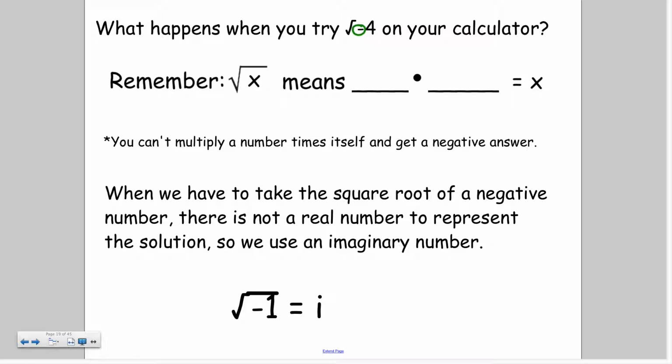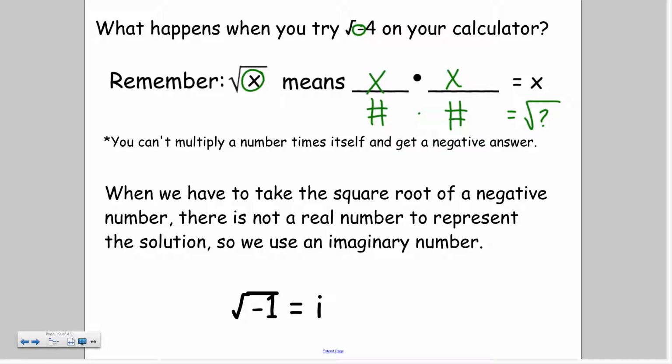So what you need to remember is that to get that number, it's going to be a value times the same value, which will give me what is under the square root.